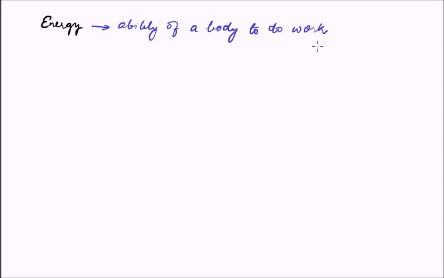It means that energy is the stored quantity which is necessary for a body to do work. Basically, when a body does work, it spends its energy. When work is done on the body, the energy of the body increases. So energy is a manifestation of the body's ability to work.